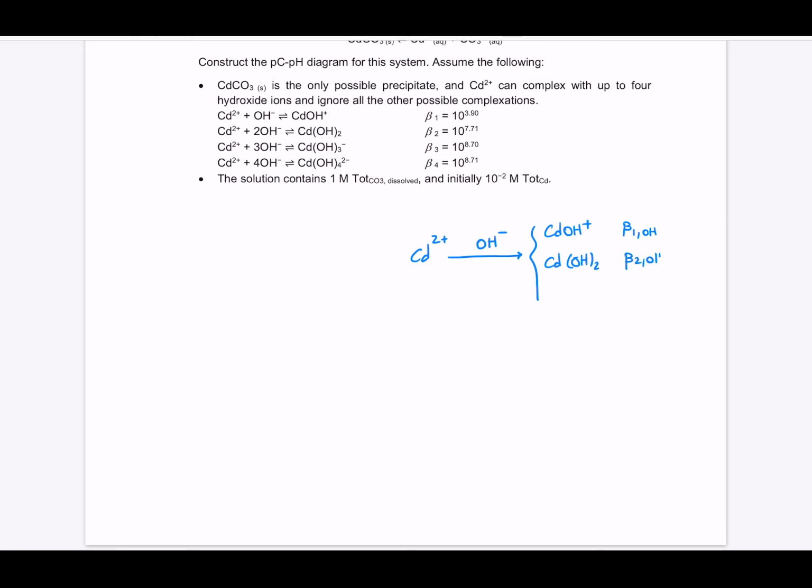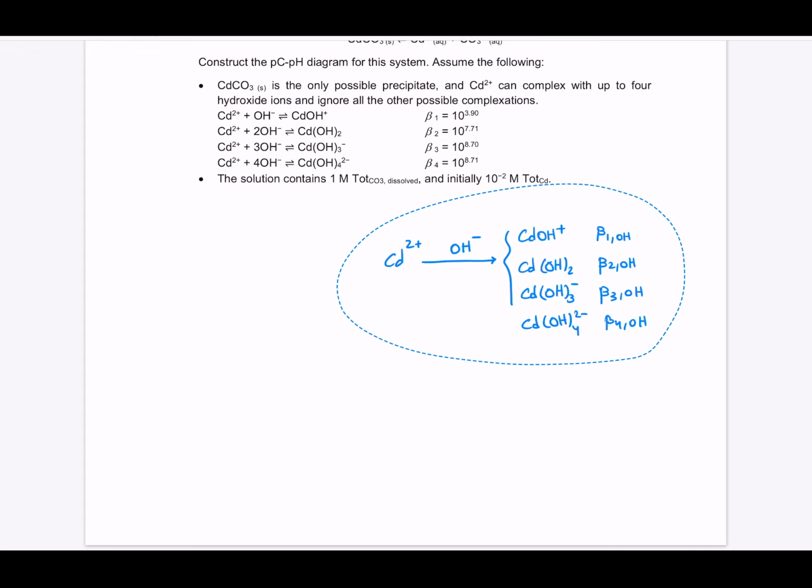So beta 2 of hydroxide, cadmium OH3 minus, beta 3 of hydroxide, and cadmium OH4 2 minus, beta 4 of hydroxide. So this is all the potential complexation reactions for cadmium, and we have the information about all the equilibria. So these would be the complexation reactions.